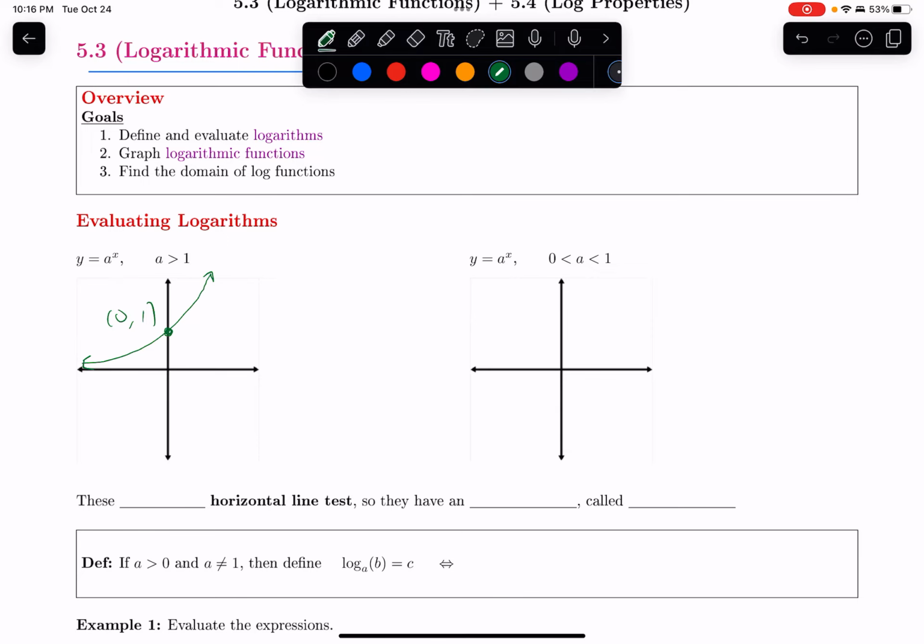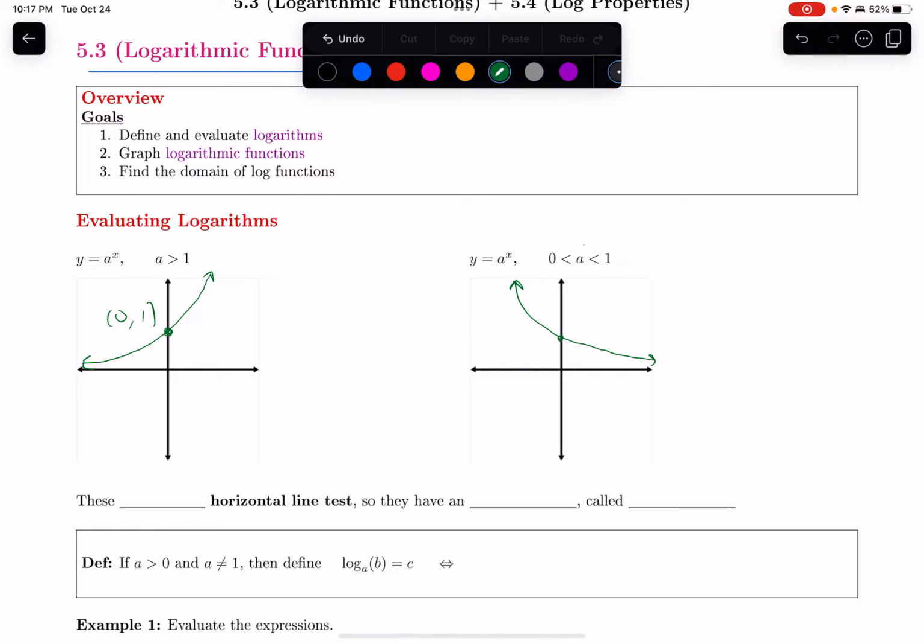If my base is something between 0 and 1, like a fraction such as 1/2, then I have an exponential decay graph where it is flipped, and on this side it is getting close to the x-axis.